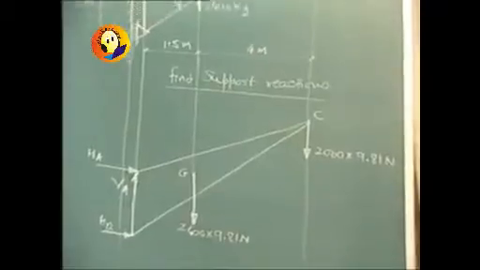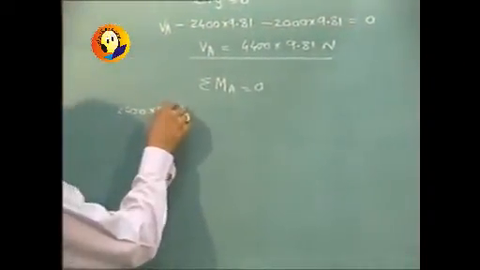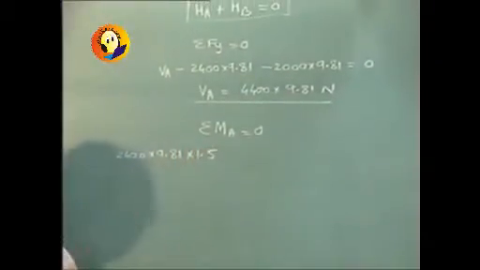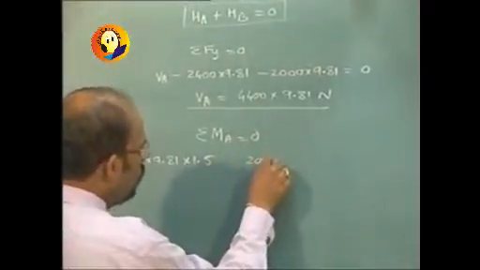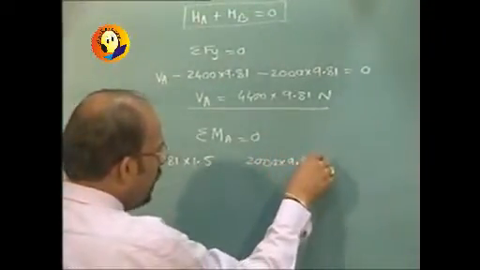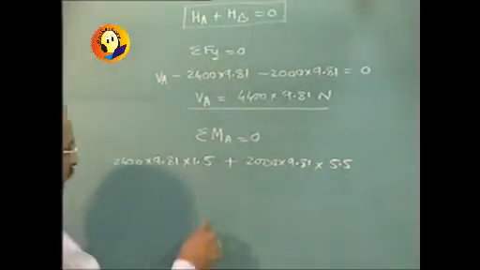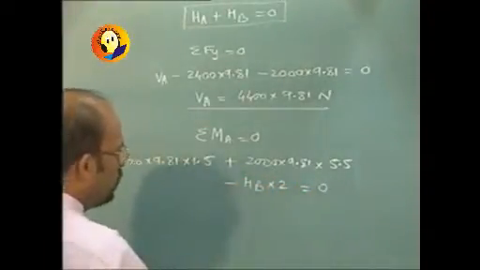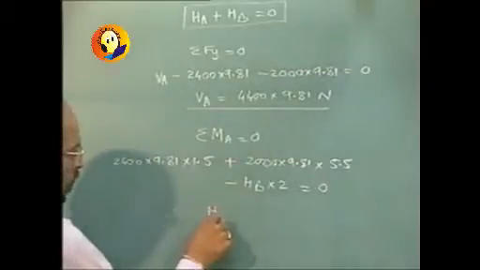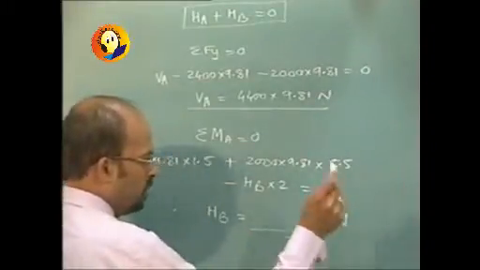So when we write the equation, it will be 2400 into 9.81 into 1.5 clockwise positive, weight of the crane, 2000 into 9.81 into 5.5 clockwise positive, and minus HB into 2 is equal to 0, and therefore we will get the answer for HB, so many newtons.